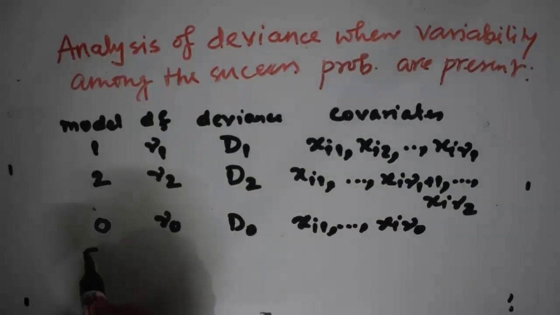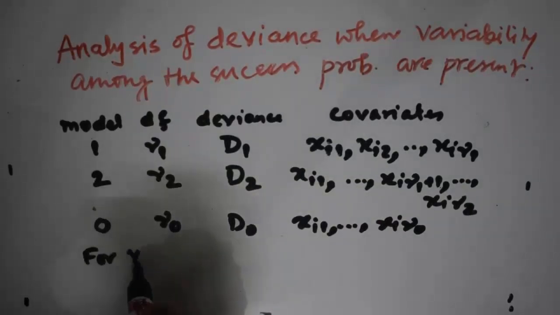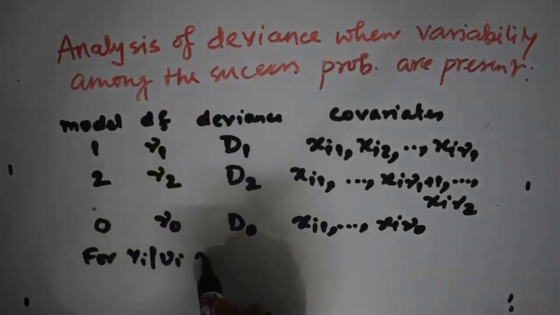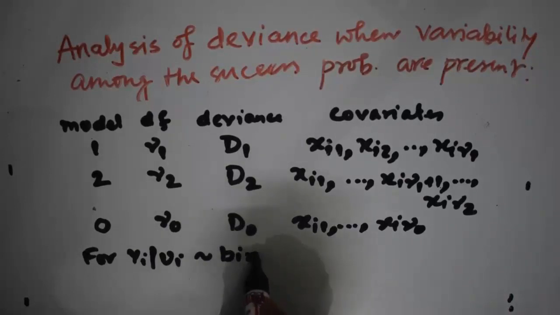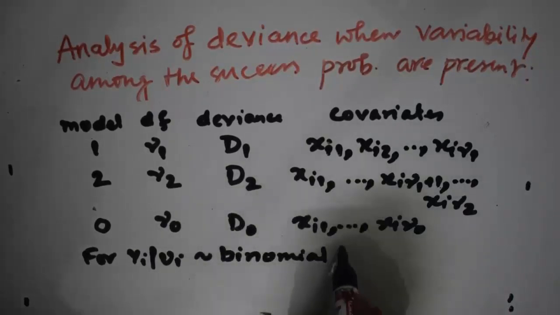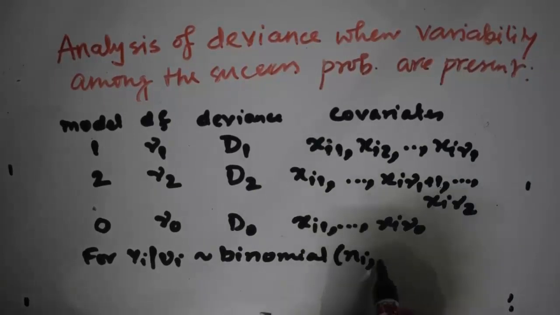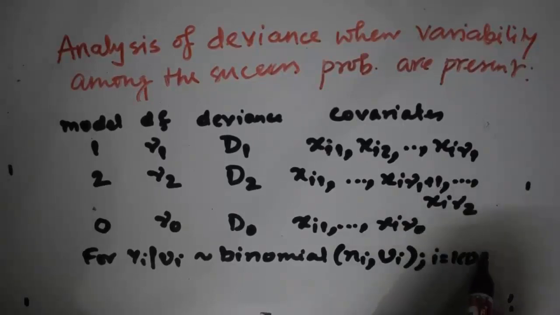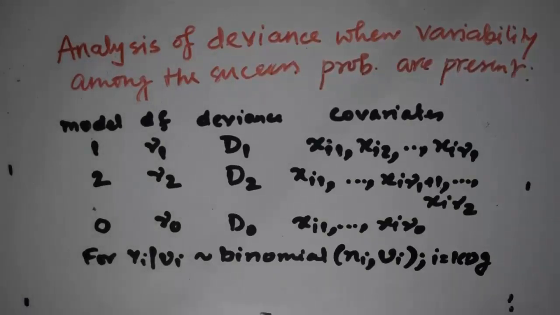So for yi given vi, this follows binomial ni comma vi, i from 1 to small g, since we use G groups.